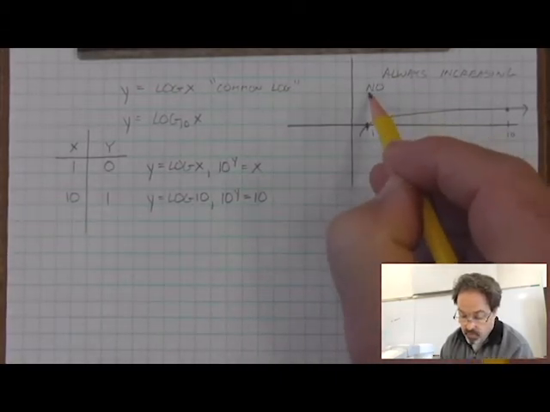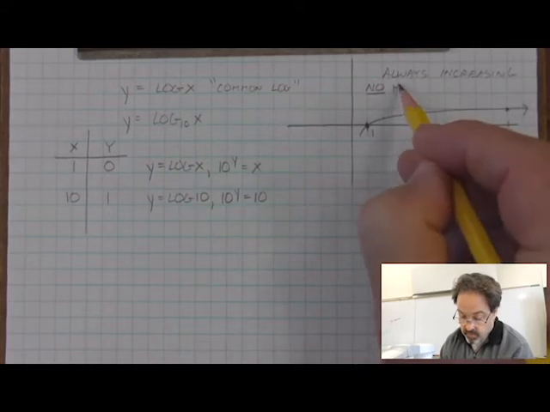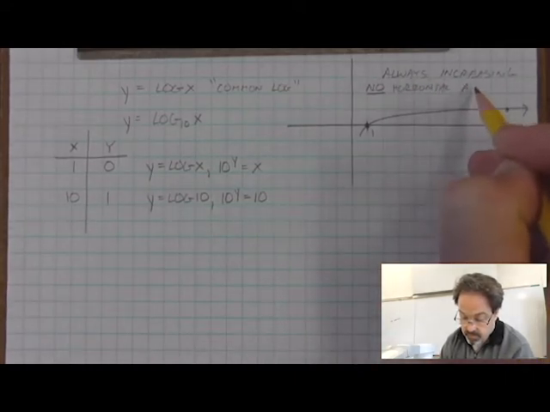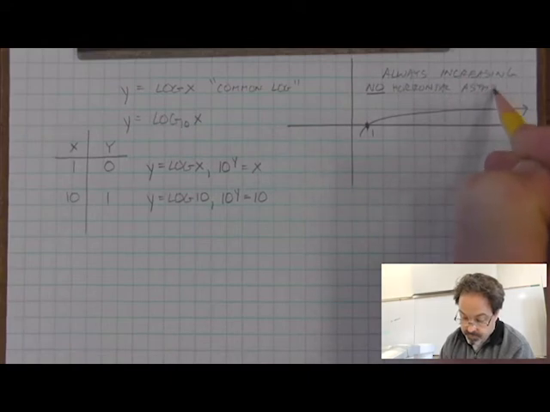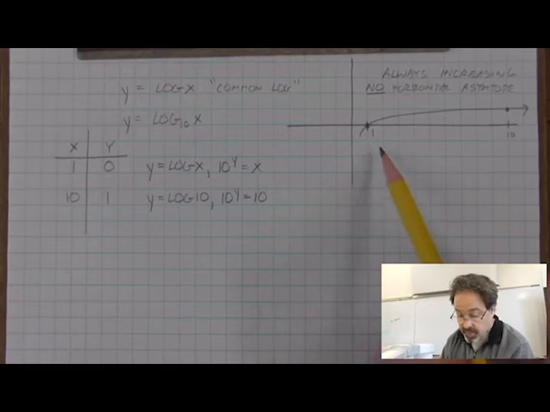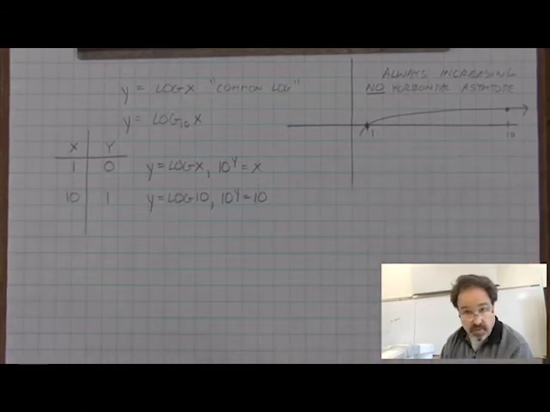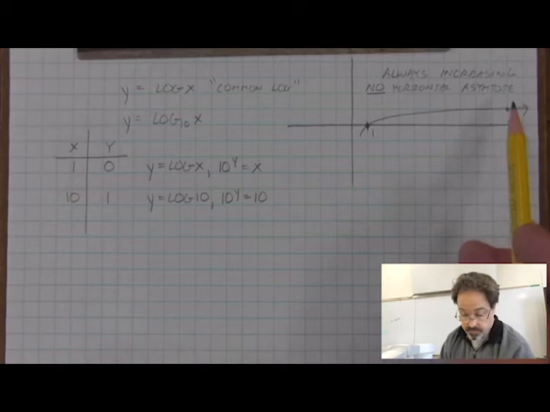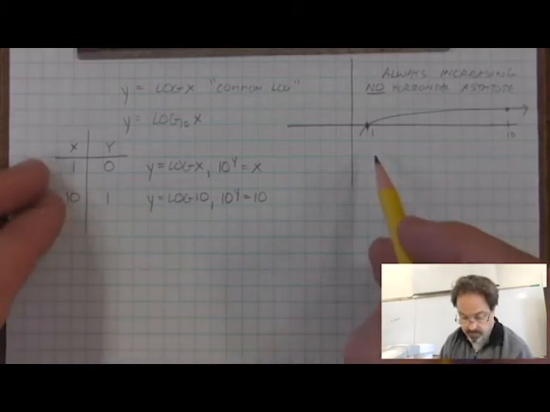But it has no horizontal asymptote. It looks like it does. The logarithmic equation's graph looks like it levels off and approaches a horizontal asymptote, but a logarithmic equation does not have a horizontal asymptote. It just grows very slowly.